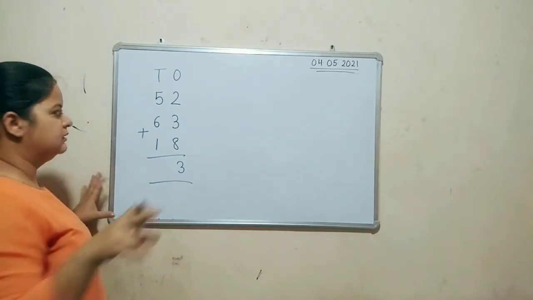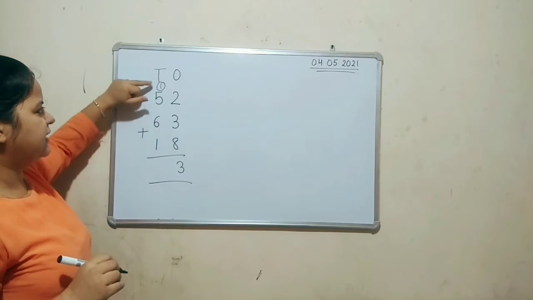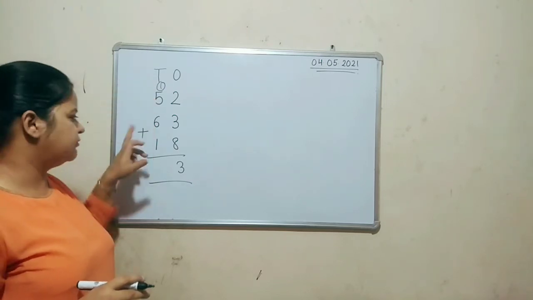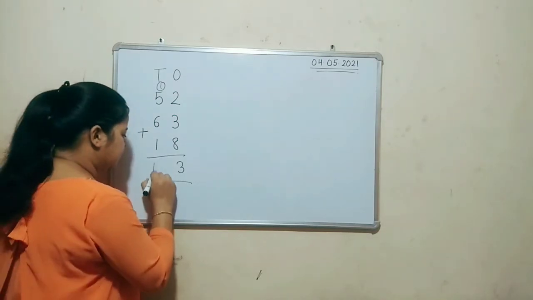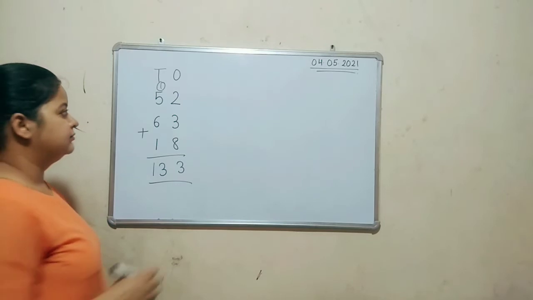And 1 will go as a carry. Now 5 and 1, 6. 6 and 6, 12. 12 and 1, 13. So the answer is 133.